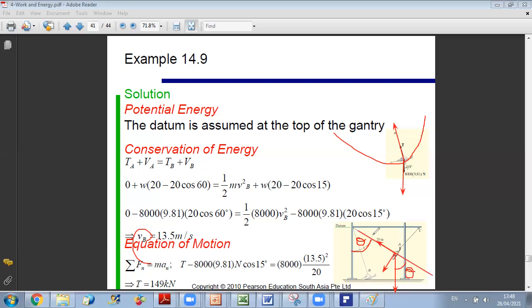Okay. Now, since T is along UN, we said this is UN, this is UT, and this is normal. The tension force is along UN. Since the tension force is along UN, to get the expression of T, I will project on the UN axis.